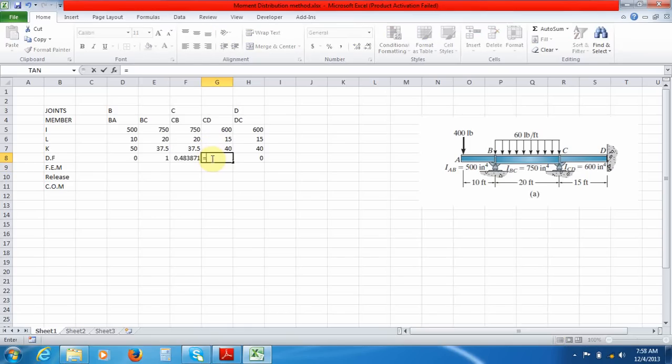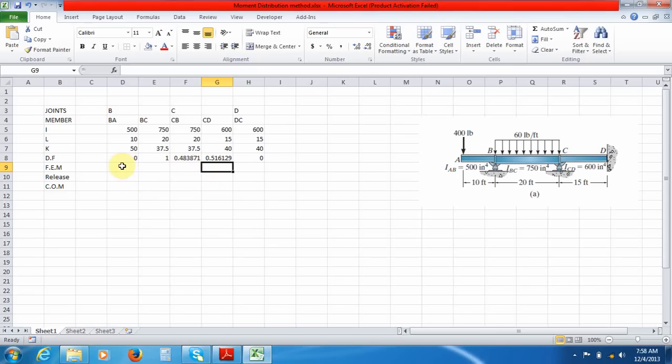Now similarly for this one, equal to, we take this distribution factor on the same joint, that is C. So actually this is its distribution from this member and this member to this joint. So we add stiffnesses of both, equal to 40 divided by the sum of 37.5 and 40, bracket close, enter. So these are our distribution factors.